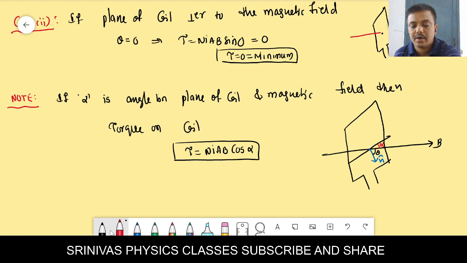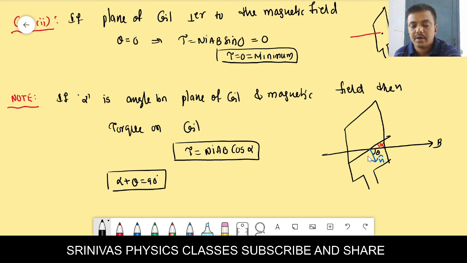Then what happens generally with the total angle? Alpha plus theta should be 90 degrees. Why is alpha plus theta 90 degrees? Because N cap is normal to the plane. The plane and field make alpha, the field and normal make theta.